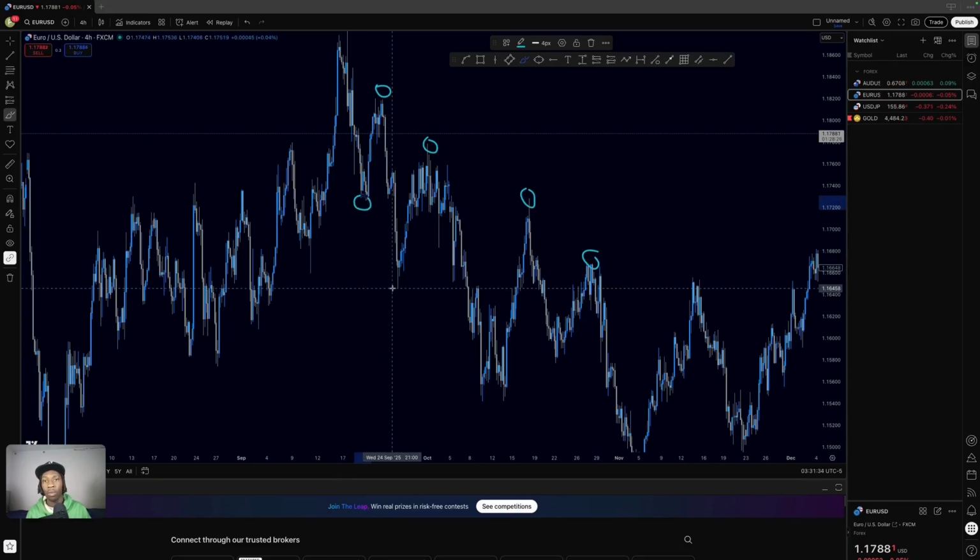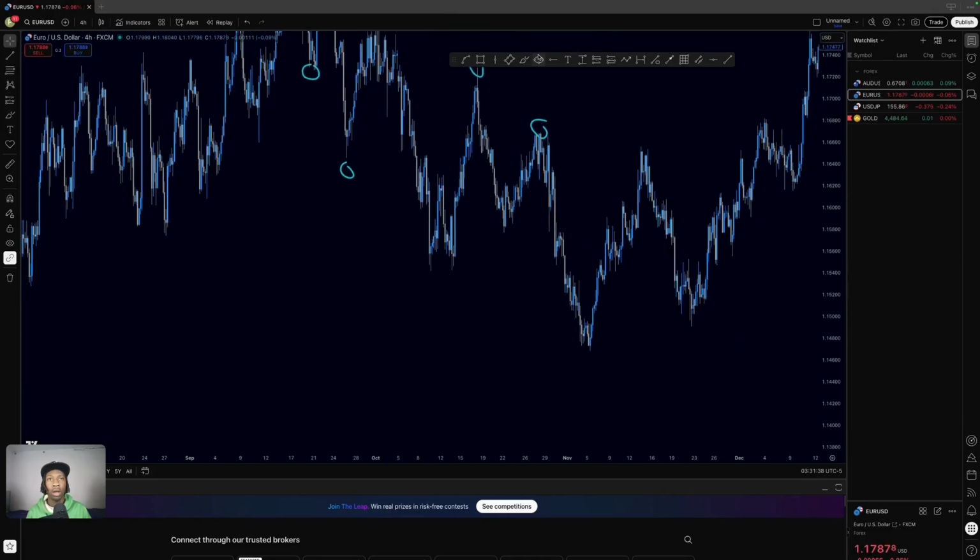This is a lower low, lower low, and then another lower low is right here. So these are lower highs and lower lows.